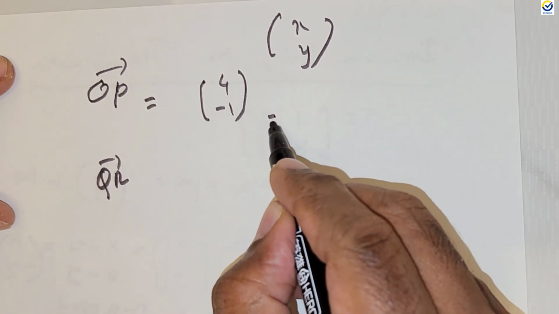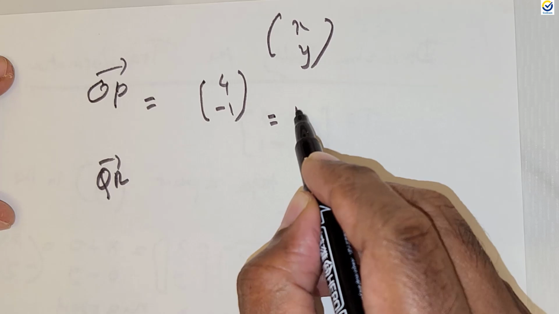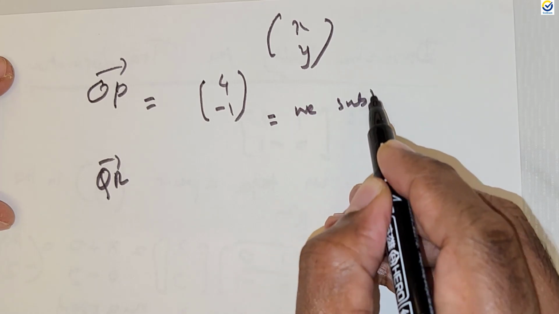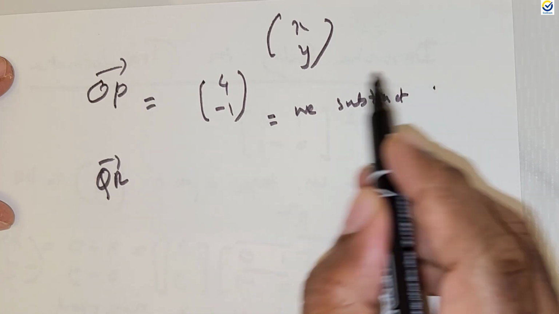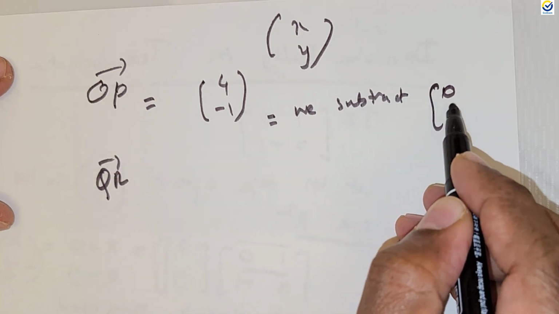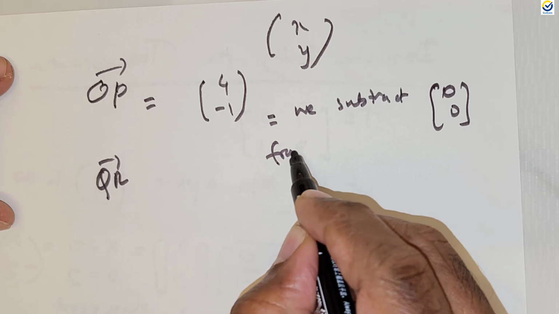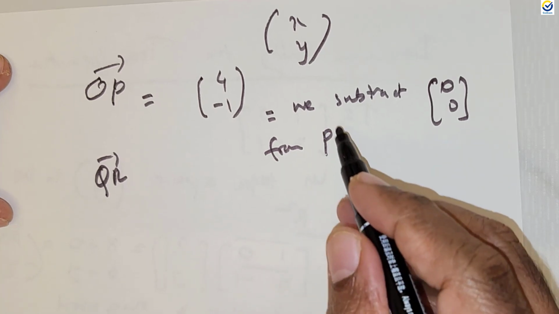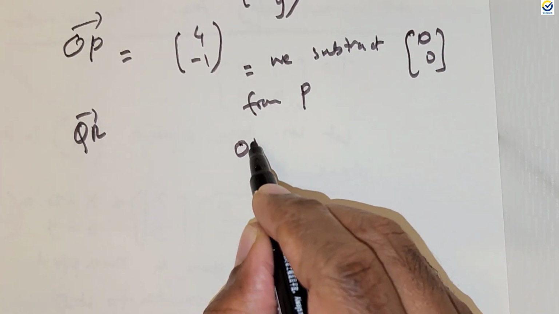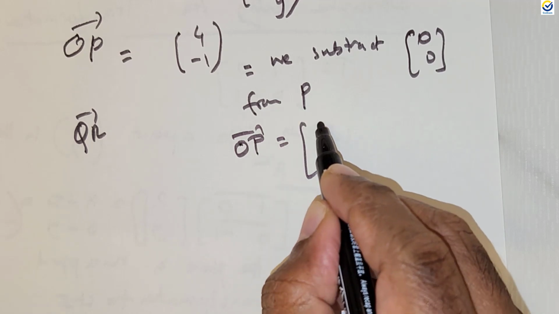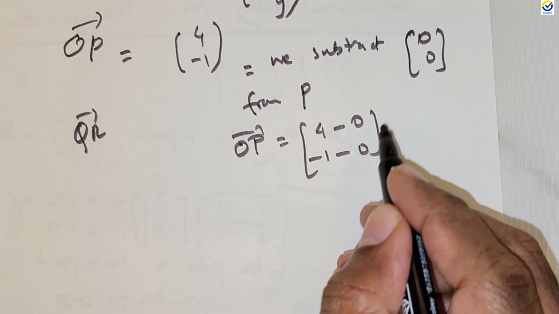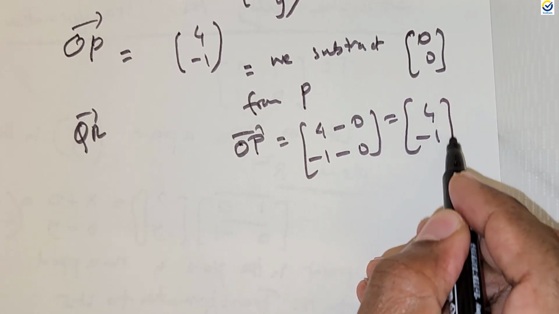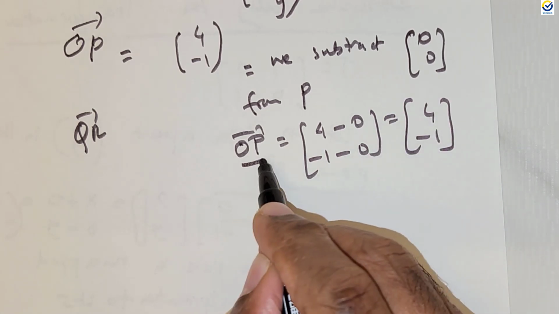We subtract the point O, which is (0, 0), from P. So OP is from 4 we take away 0, from -1 we take away 0. So we get (4, -1). That is the OP vector.